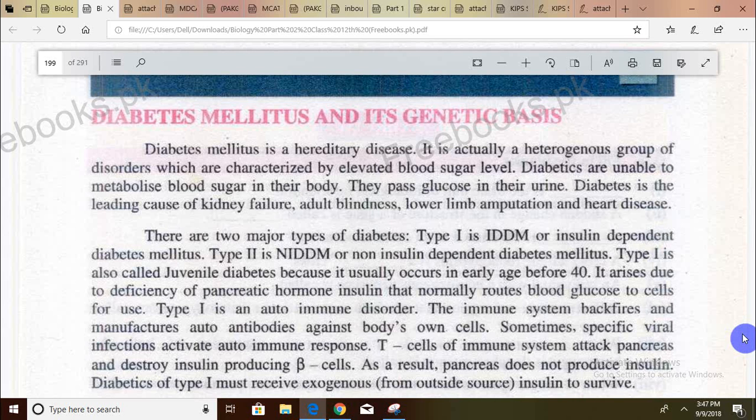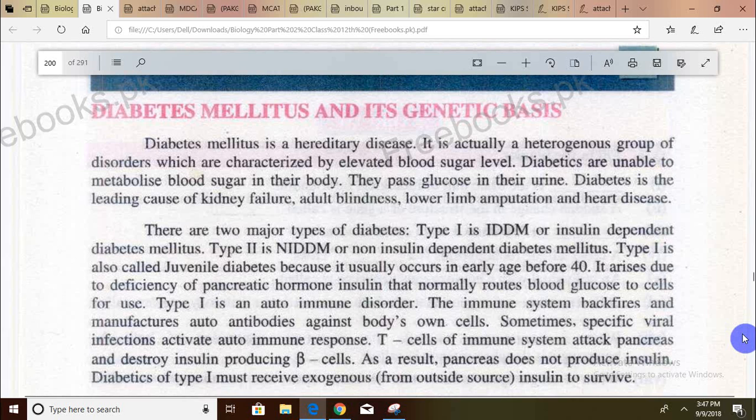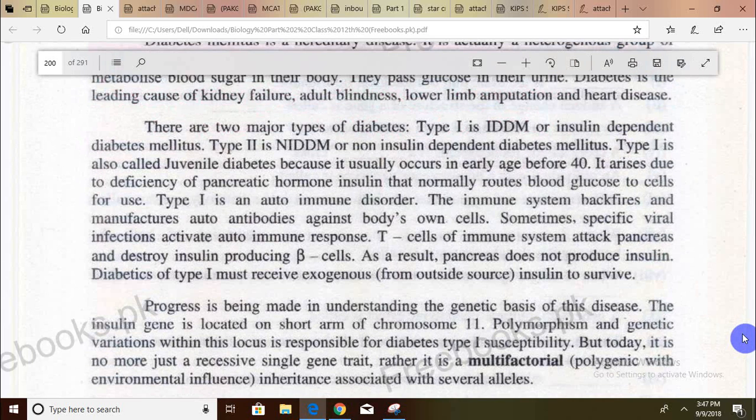The pancreas does not make enough insulin, and so type 1 diabetics must receive exogenous insulin to survive. Exogenous meaning originating from somewhere other than the body of the patient itself. Exogenous, exo should make it easy enough to recognize.